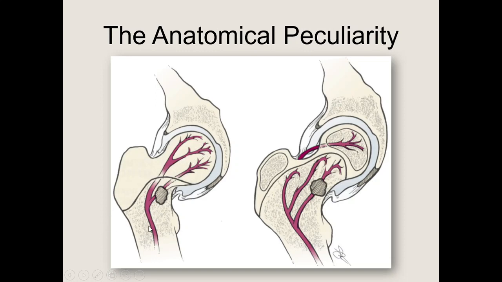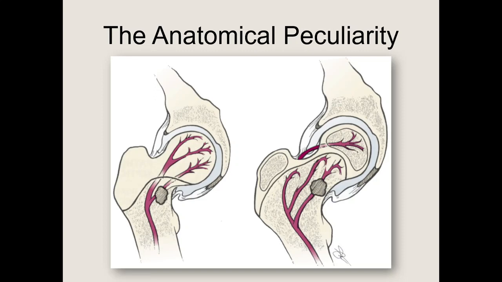So this is what happens in a newborn up till the child comes to around 18 months of age. At 18 months of age, we suddenly see that there is a differentiation into the physeal plate, and the epiphyseal blood vessel circulation is different and the metaphyseal blood circulation is different. As far as the metaphysis of the proximal femur as well as the proximal humerus, there is an anatomical peculiarity.